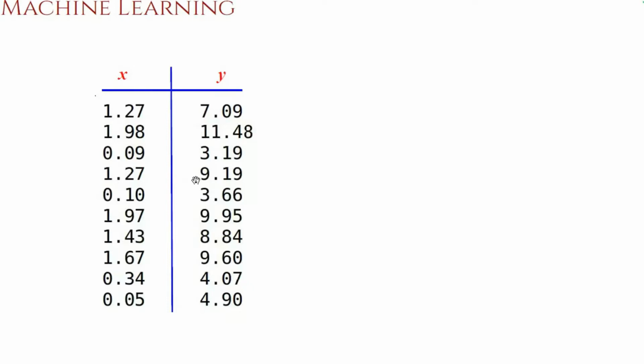If you look at this specific example, it was generated using this equation, 4 plus 3 times x. So that's how it is related. And on top of that, there is also some noisy value. When such noisy values come in, it is impossible for us to quickly come up with some intuition behind what equation could have generated this.